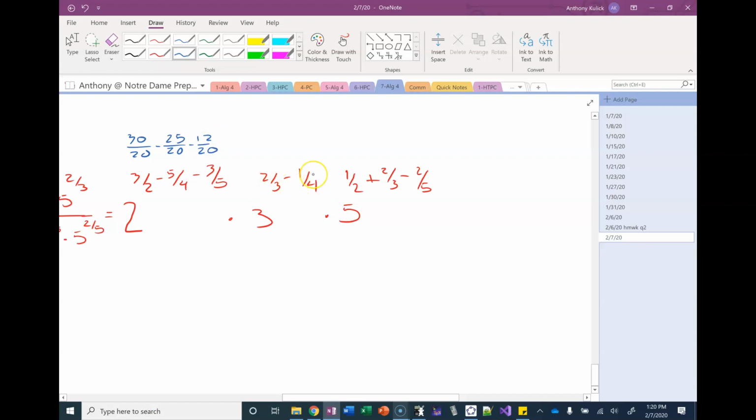Between thirds and fourths, the common denominator would be 12. So I have 8 over 12 minus 3 over 12. And then halves, thirds, and fifths, what would the common denominator there be? 30, right? So 15 over 30 plus 20 over 30 minus 12 over 30.